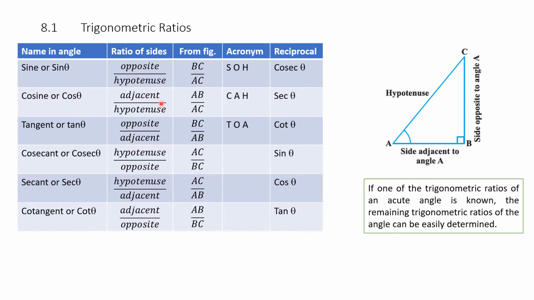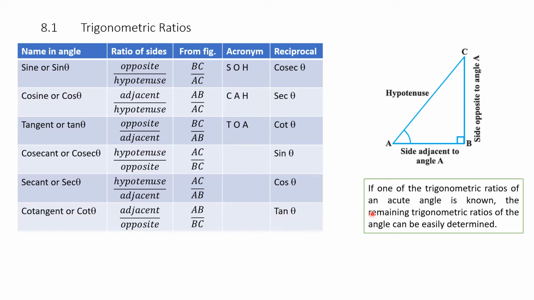Similarly, reciprocal of cosine theta, that is hypotenuse by adjacent side, equals secant theta, and reciprocal of tan theta is cot theta. Similarly, the reciprocal of cosecant theta is sin theta, and reciprocal of secant theta is cos theta, and reciprocal of cot theta is tan theta.